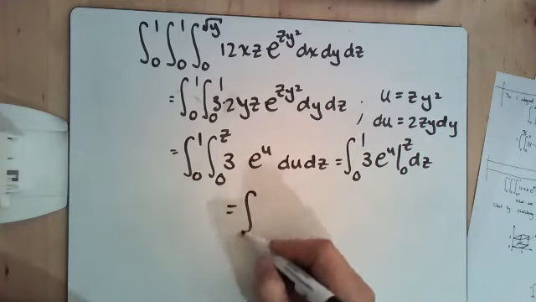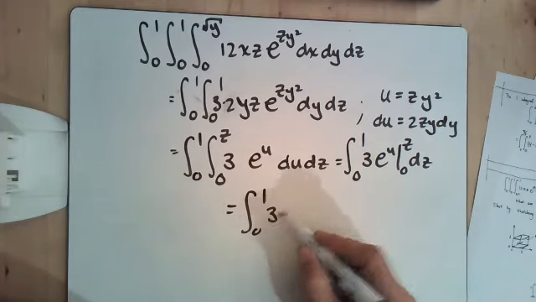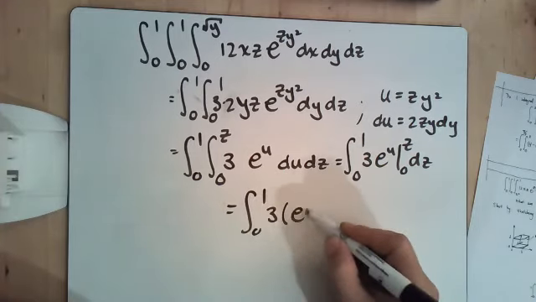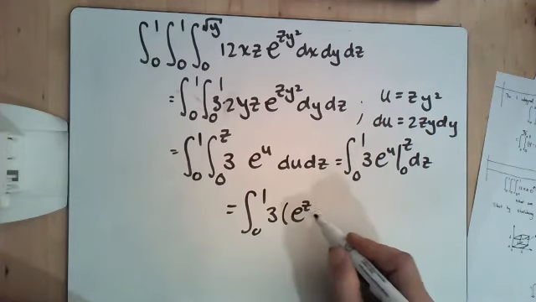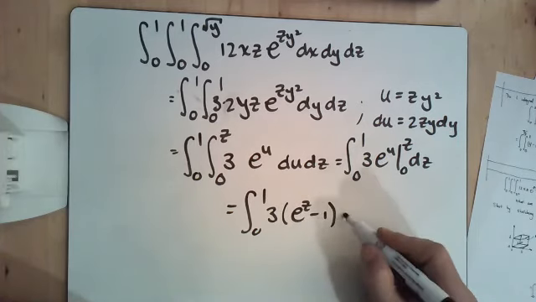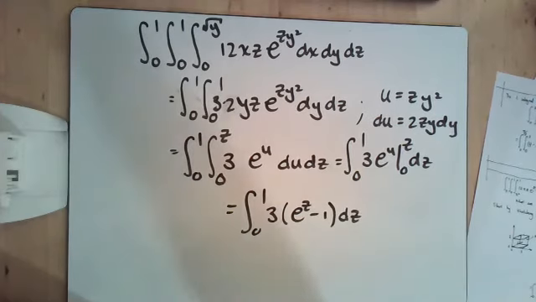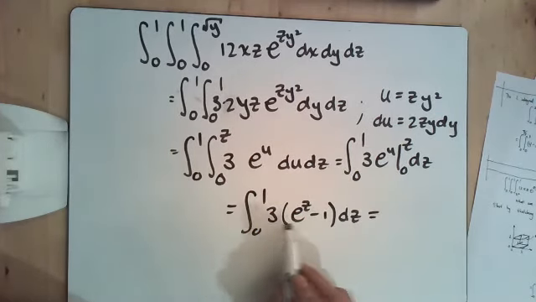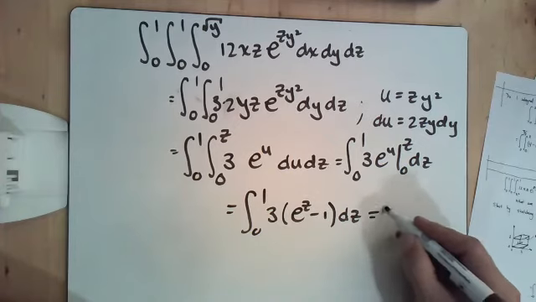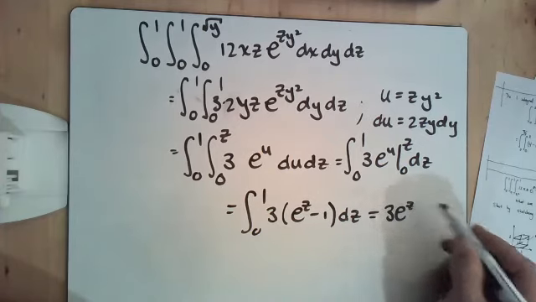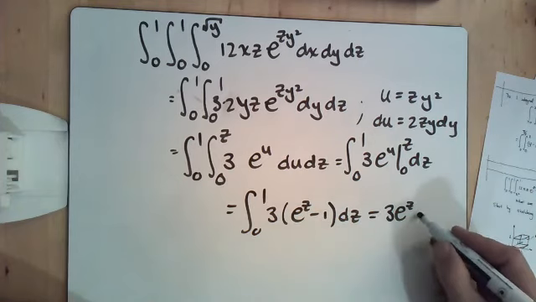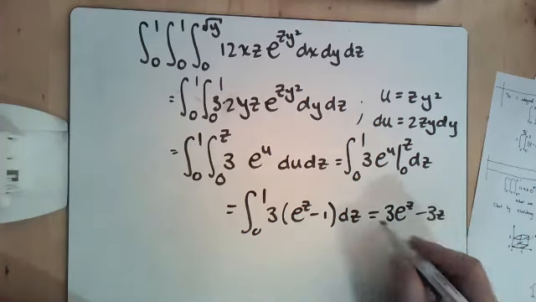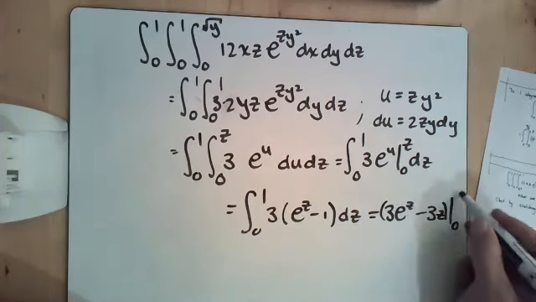That becomes the integral from 0 to 1, 3 times e to the z minus e to the 0, which is 1, dz. Then I can do this integral, so the integral of 3e to the z is just going to be 3e to the z, and the integral of -3 is going to be -3z. And I'm evaluating this from 0 to 1.